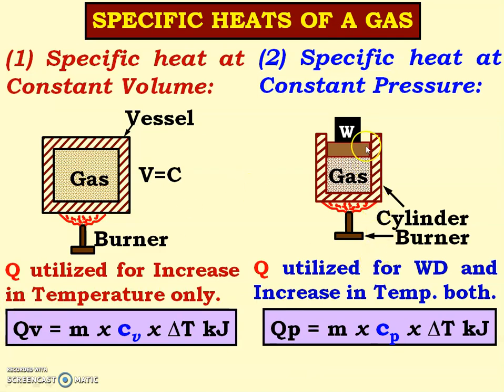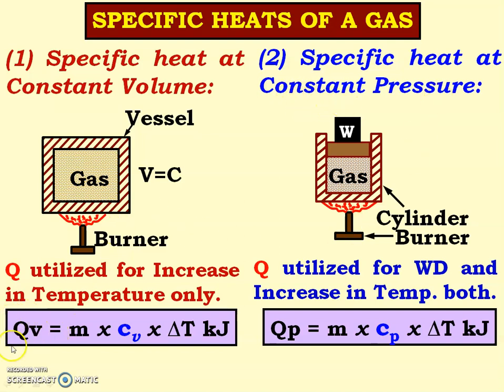Here in constant pressure, whatever heat we supply is diverted to two places. One is to increase the temperature, another is to do the work. While here, whatever heat is supplied is used to increase the temperature of the gas. It means in the constant volume process, the temperature increase will be faster than the temperature increase in the constant pressure case.